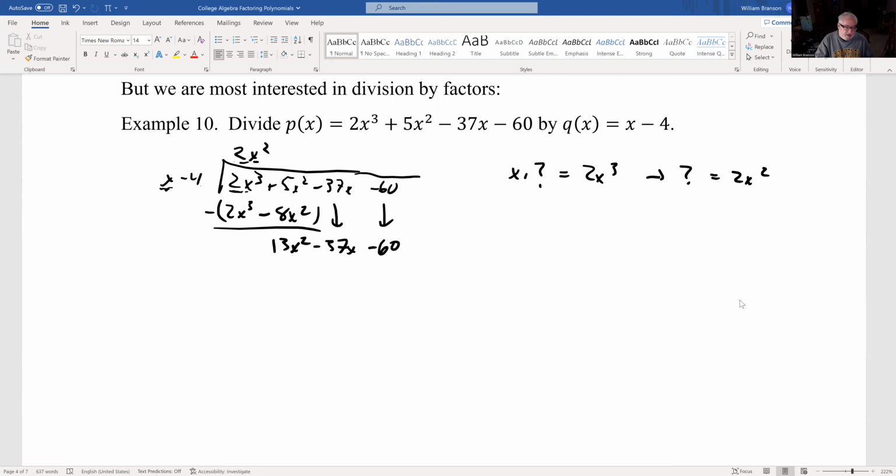Okay, so now we've got a new leading term, that's our 13x squared, and we say, okay, x, our leading term here, times what equals 13x squared, and that means our what here is 13x.